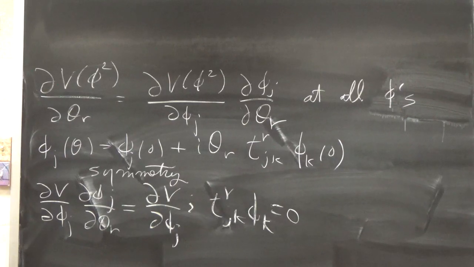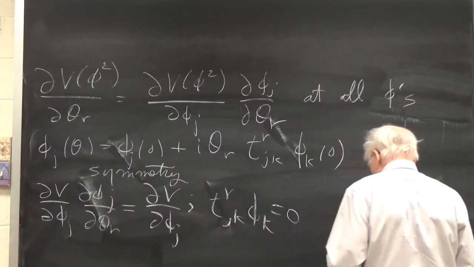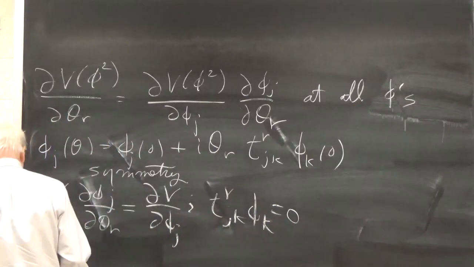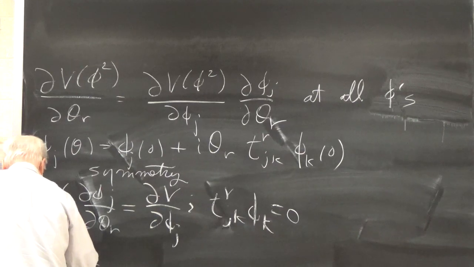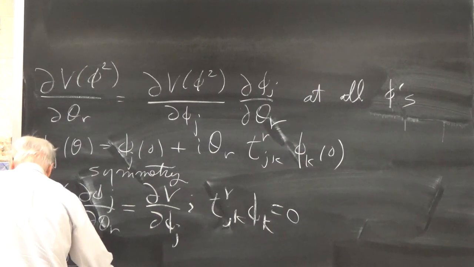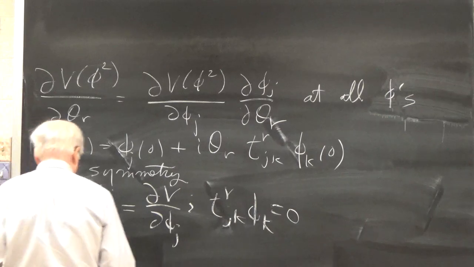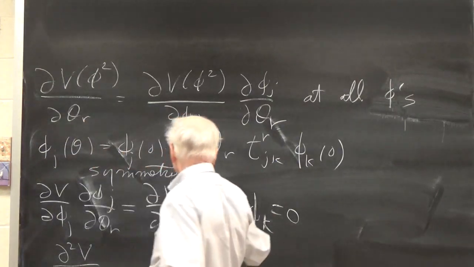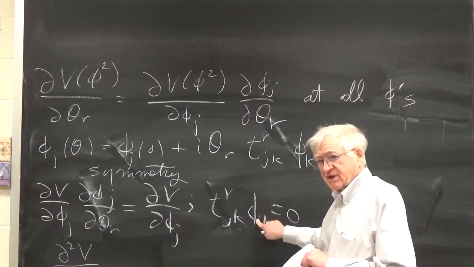Now, at a minimum, we have an extra result. At a minimum, the second derivative is, first of all, the second derivative always is partial phi j, partial phi l. Wait a minute, I just skipped an equation here. This thing is true at all values of the fields, because it's symmetry.